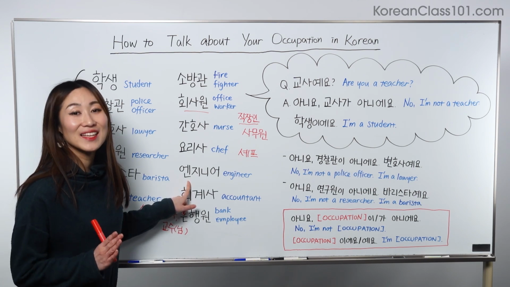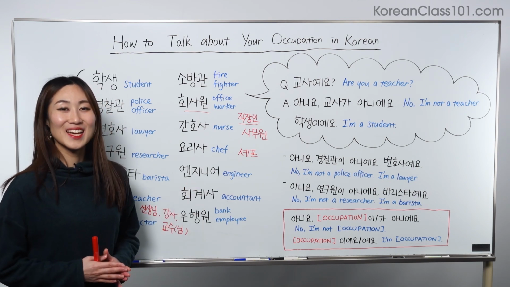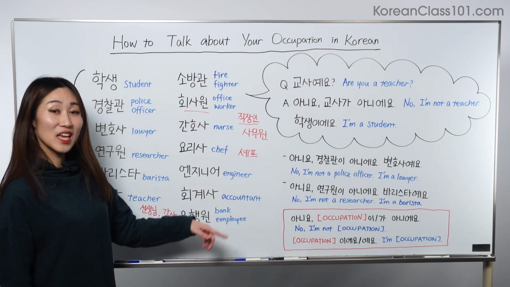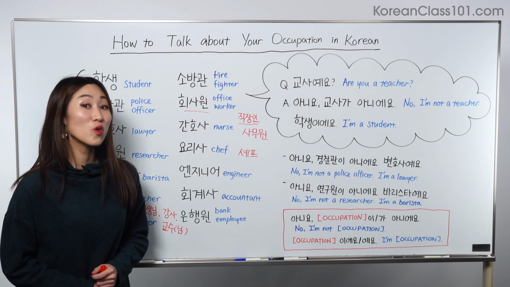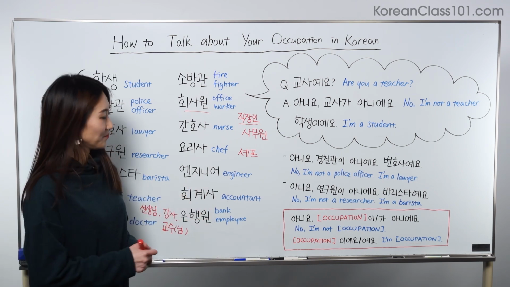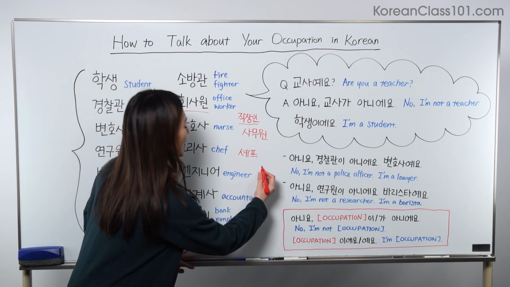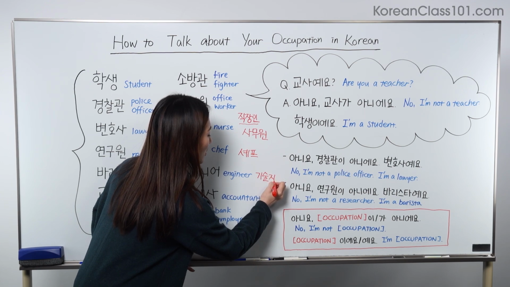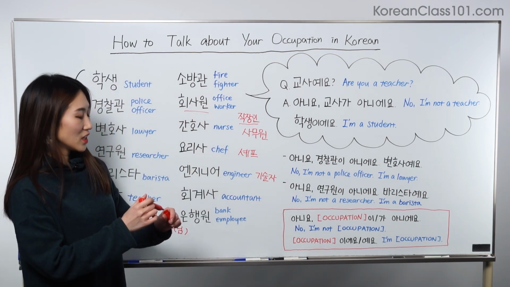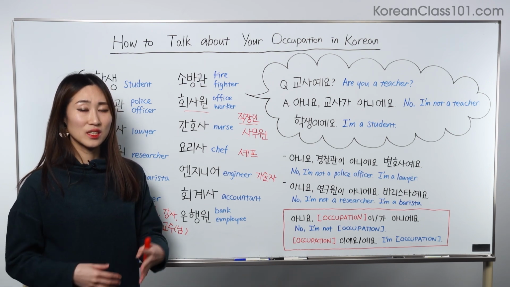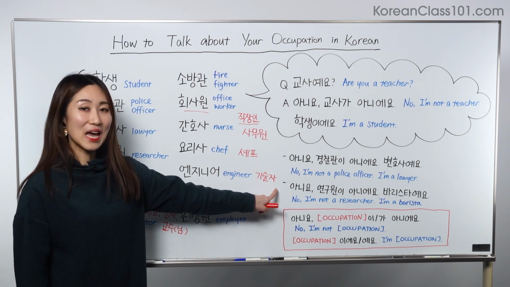Next we have engineer. It means engineer. Again, this is a long word and there is a word for engineer in Korean too, which is 기술자. 기술 means skill. 자 is a person.